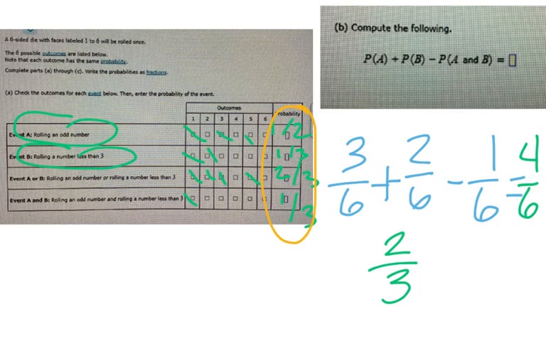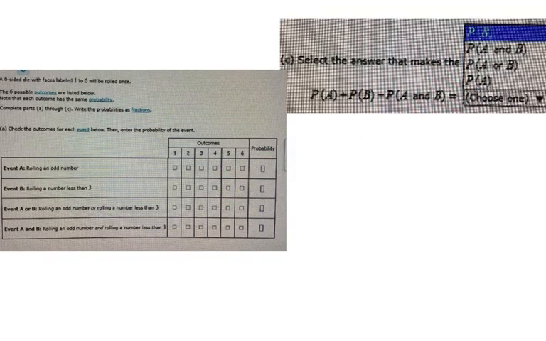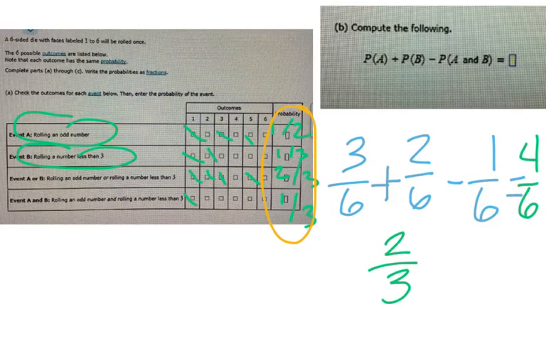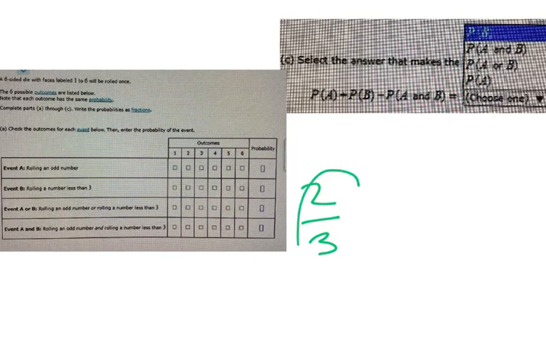And then now we have our third part. This is the easy part for this one, because all you're really finding out is what we found for the 2/3 when we did our B, right? Probability of A plus probability of B minus probability of A and B, and we got 2/3. We're going to find out which one matches it, where the simplification was really important.